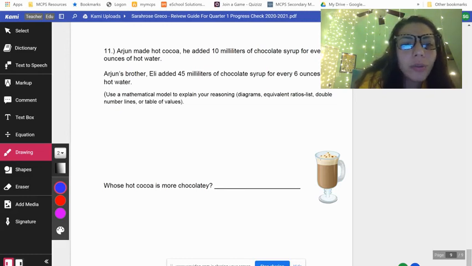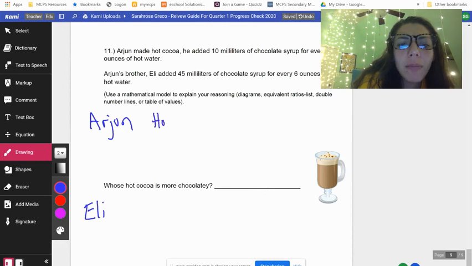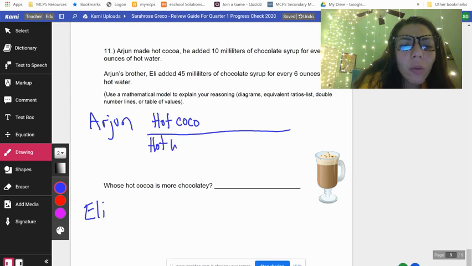So we're going to do 2. So Arjan is right here, and we're going to put Eli at the bottom. So we're going to put hot cocoa up top, and hot water. Okay, so Arjan's recipe, he's got 3 ounces of hot water.